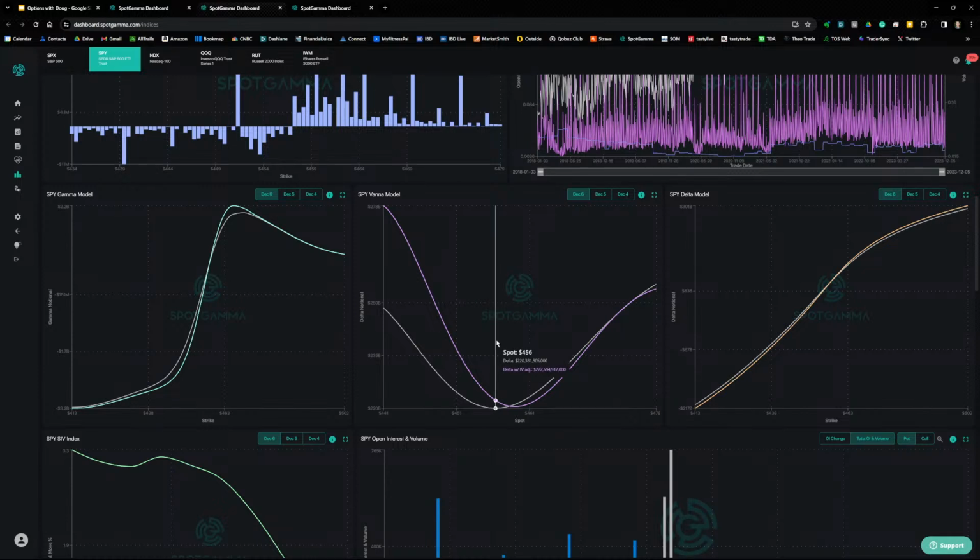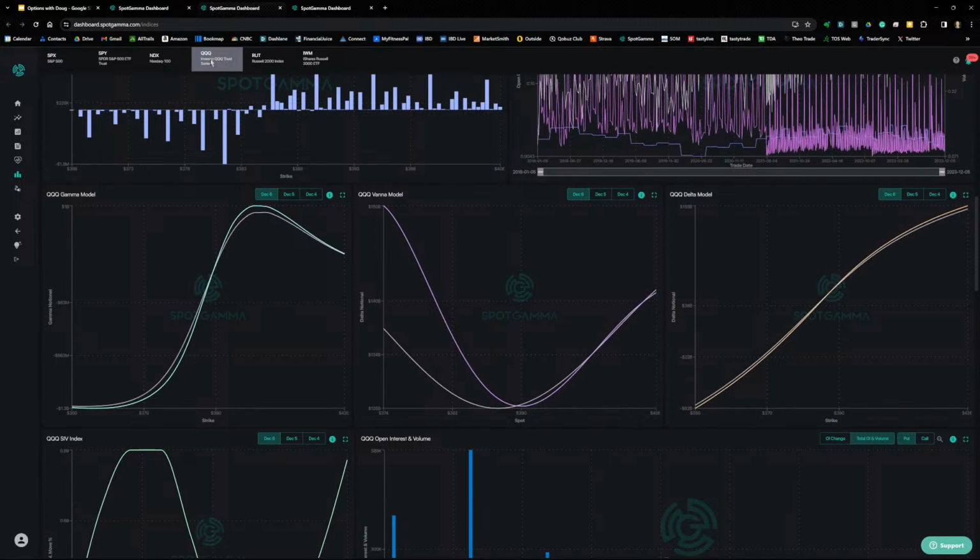Also close to the bottom of the curve. This is showing if price starts to drop, implied volatility increases, market makers will have to start selling futures. And note this V-shaped curve is very typical of a positive gamma environment.